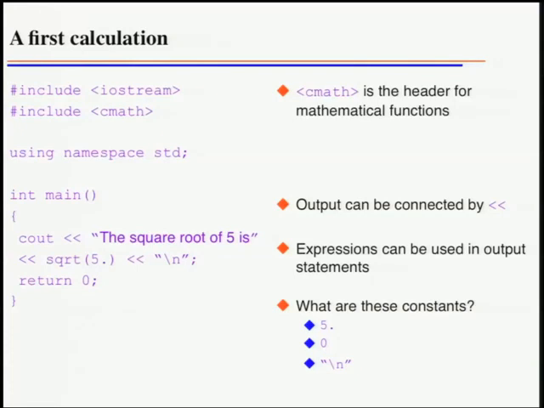So here we see that we can put several things into the cout stream just by concatenating the stuff with several of these left shift operators. And then we have some constant expressions, some literals. Here we have a floating point constant which has the value 5. And this is an integer constant. It does not have a decimal point with the value 0. And here we have a string literal.